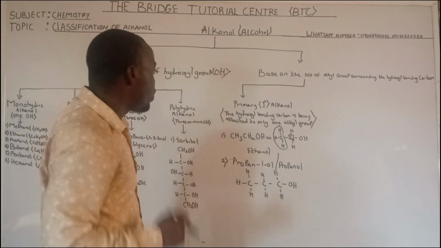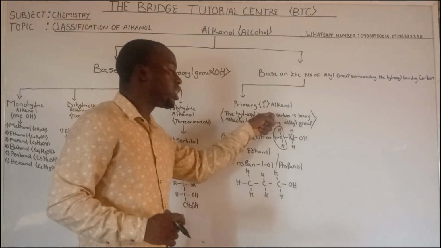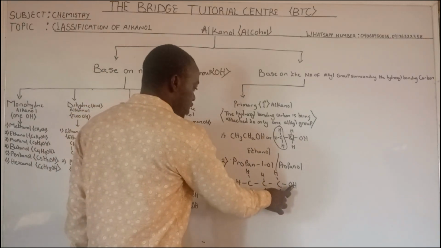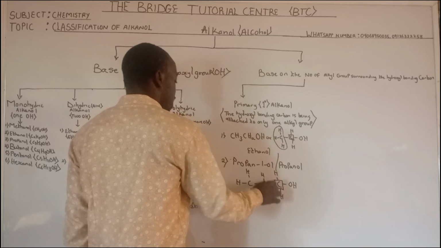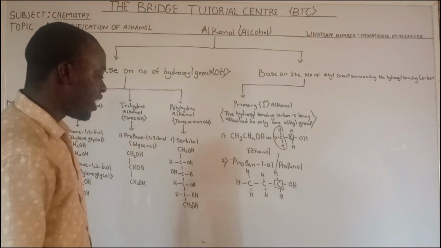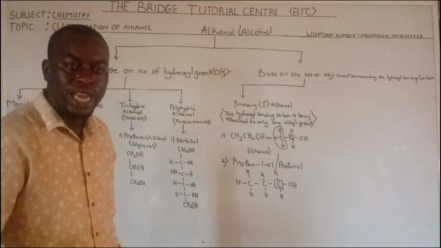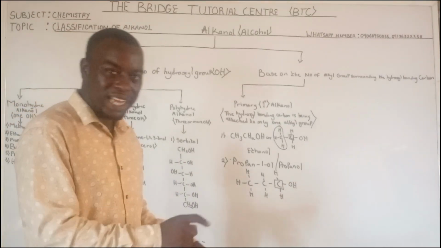So now, how do we know that it is primary alkanol? The first thing is to identify the hydroxyl bonding carbon. Where is our hydroxyl bonding carbon? This is the hydroxyl, so this is the hydroxyl bonding carbon. Once you've identified it, the next thing is to take a look at the number of alkyl groups surrounding it, or the number of carbons surrounding it.